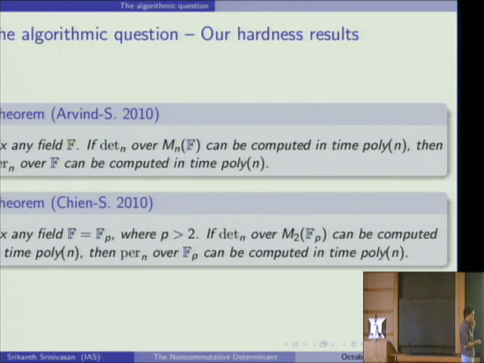If you could compute the determinant over large matrix algebras, then you could definitely do it over small matrix algebras, but the converse is not clear. The first theorem says that if you can compute the determinant over the matrix ring, then you can also compute the permanent over the field. Oh, okay. Right, sorry. Yeah, that makes more sense.